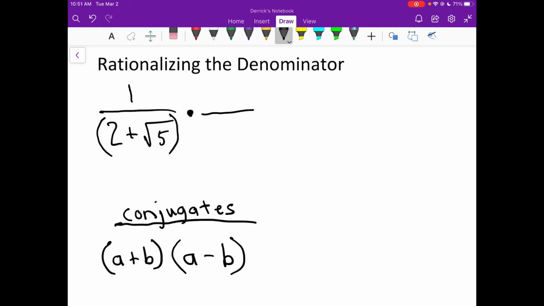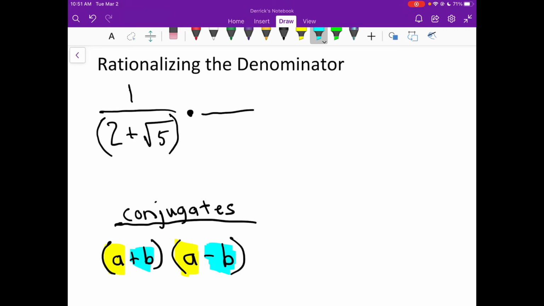Opposite would be going from positive a plus positive b to both a and b being negative. Notice that the a stays exactly the same. The a term is positive in both binomials. It's only one of the terms that is changing, that we're having the opposite of. In this case, it's b. It doesn't matter what the letters are, but b went from positive to negative.